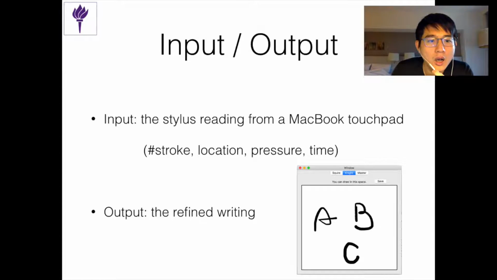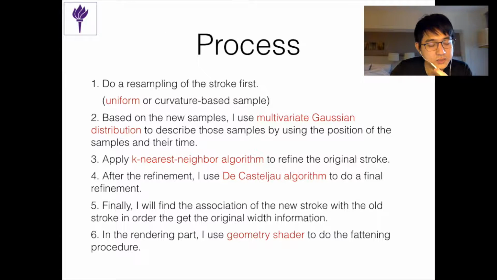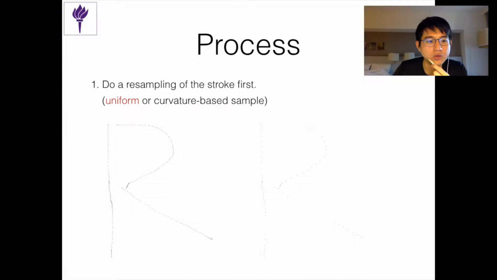There are several steps to do this process, and I will go one by one. First I will do resampling of the stroke. As you can see, on the left hand side it's very dense, and on the right hand side it becomes sparse.